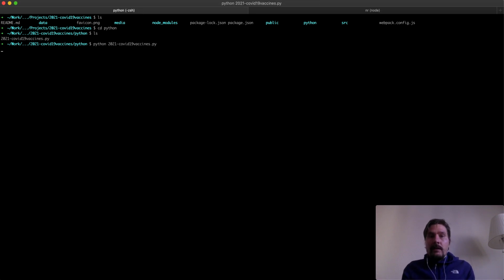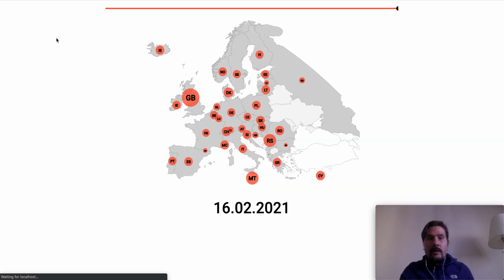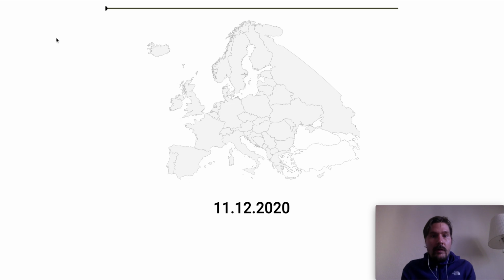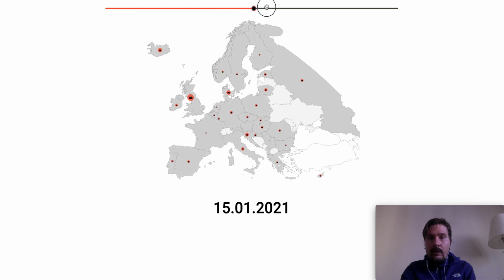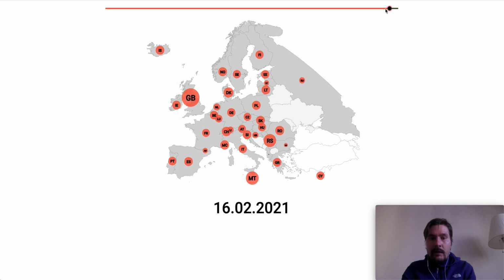It takes a little bit of time because it's 17 megabytes, but it's now done, and we can see that our visualization is refreshing, and it starts from the 11th. If we go a little bit further all the way to the end, we can see that we still have the 16th, but we also have the data for the 18th and 17th.